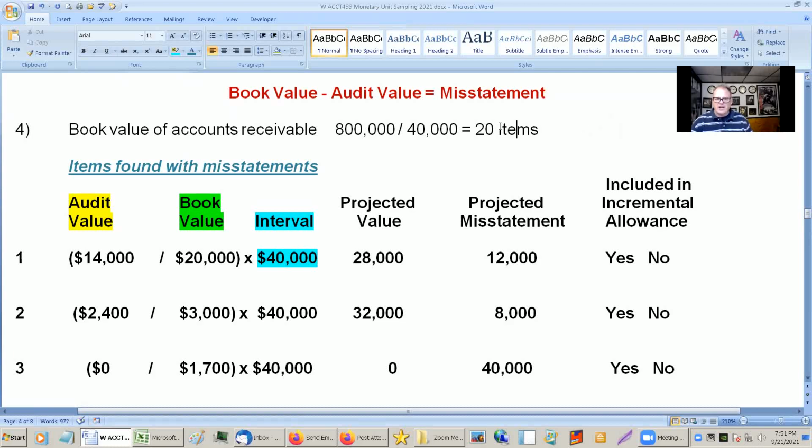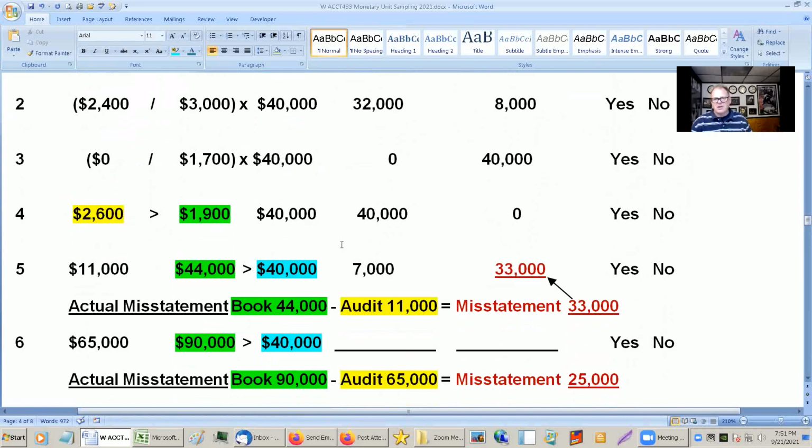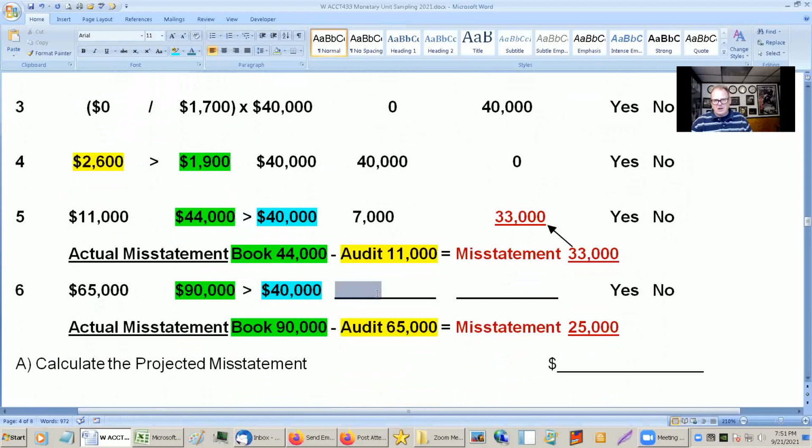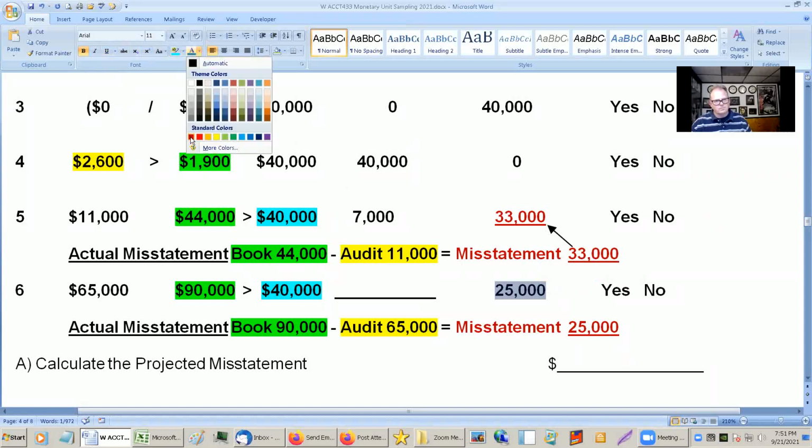But anyway, these 20 items are the ones that had problems. As far as the projected value, it would have to be at least 2 of these. So this would have to be like 80. If this misstatement was 25,000, it'd be at least 80.